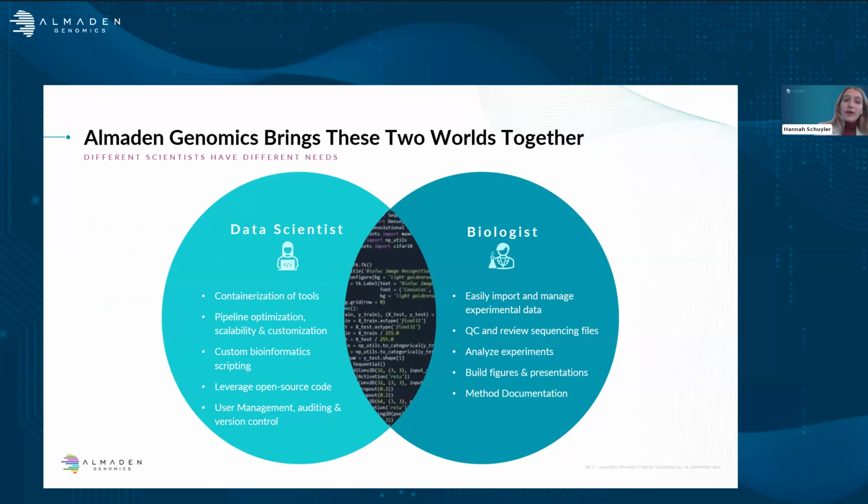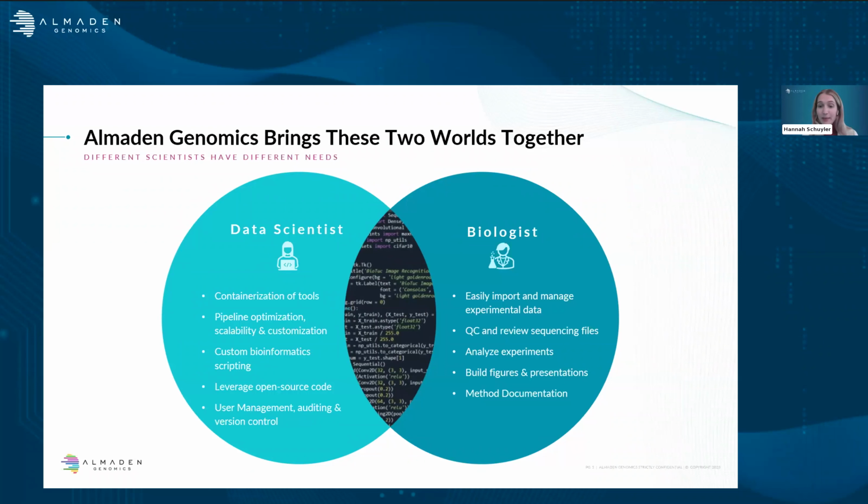So the goal here at Almaden Genomics really is to help streamline the collaboration between the data scientist and the biologist. It's a very complex space, as I'm sure many of you know. The biologist has a goal of analyzing their own data, whether it's in-house sequencing data or public data, and their biggest priority is really creating visualizations and making sense of that data.